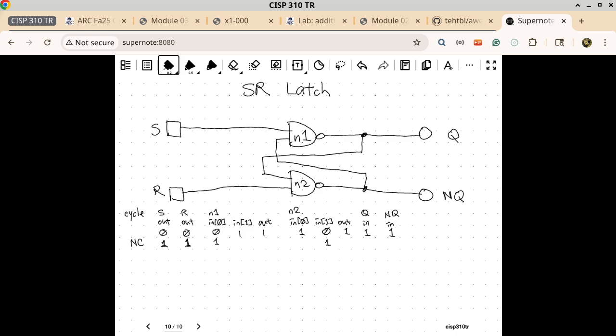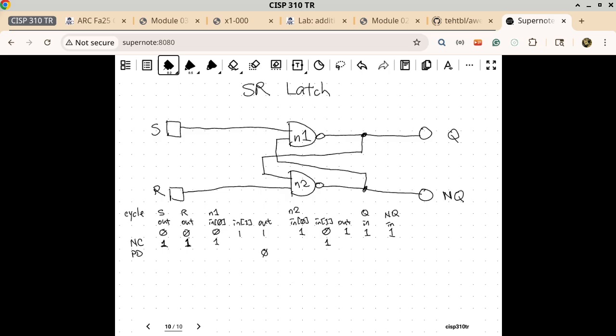So now we have a PD row. On this PD row, with N1, now both inputs are ones. This one was coming from before. This one was coming from the NC row. So now N1 has both inputs being ones, and the output is going to be a 0 because it's a NAND gate. All right, so we put a 0 here.